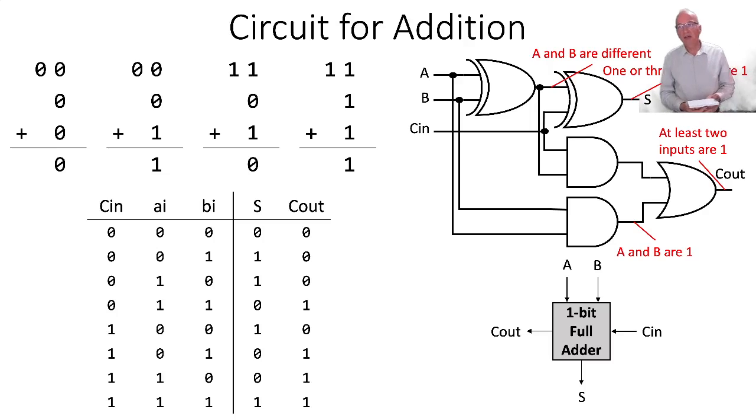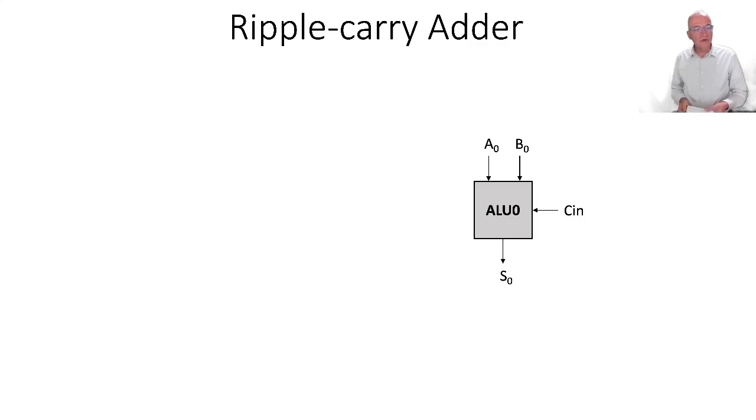But of course, I don't want to be adding a single bit. My register has 32 bits. So how do I add all the 32 bits, or how do I add multiple bits together, a number that has more than 1 bit? To do that, what I'm going to do initially is what I call a ripple carry adder. What is a ripple carry adder?